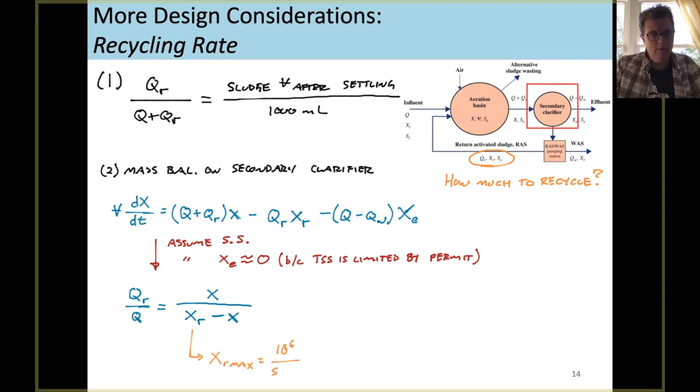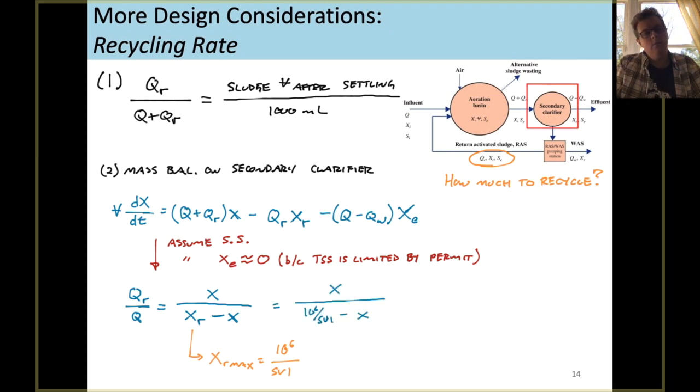Now, we don't know what XR is, but we do know that an upper limit for it can be approximated as 10 to the 6th divided by that sludge volume index. So that's a 10 raised to the 6th power in the numerator, sludge volume index in the denominator.